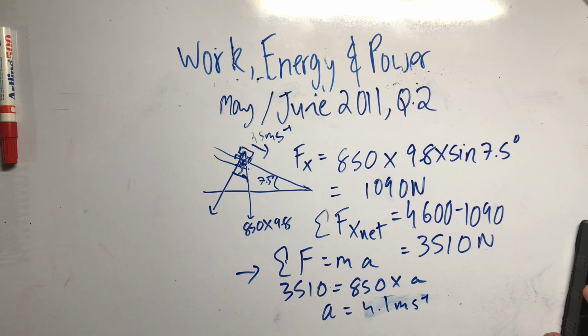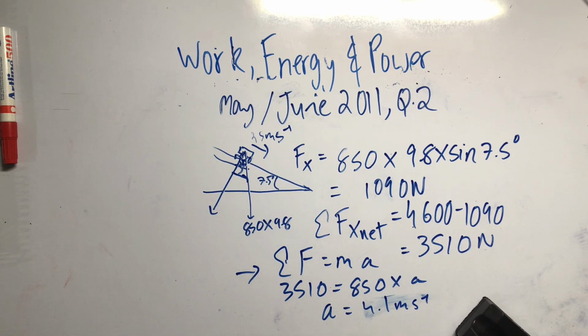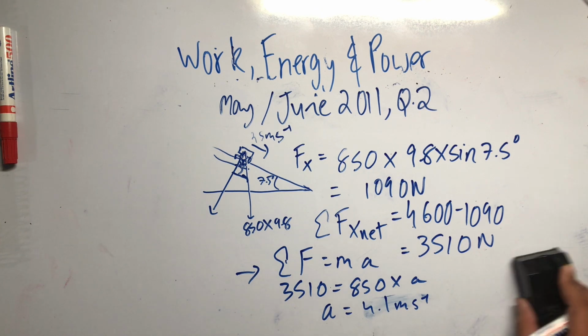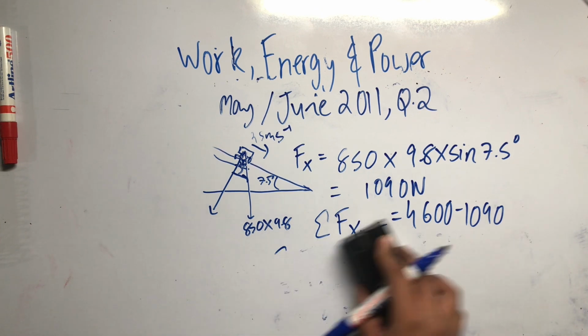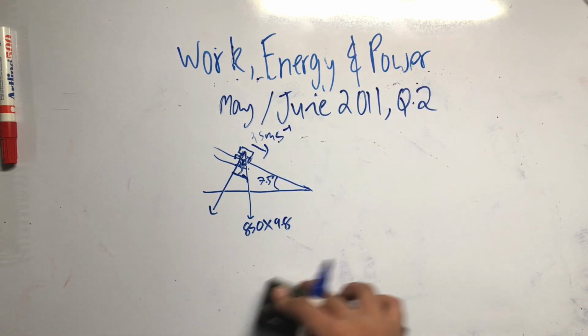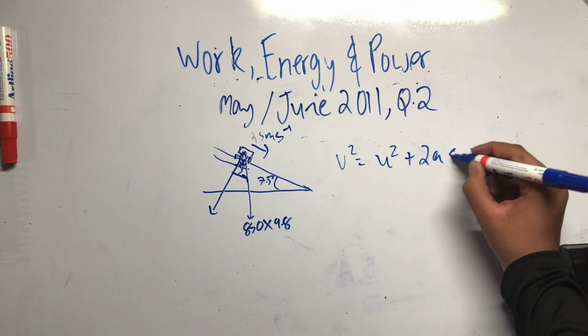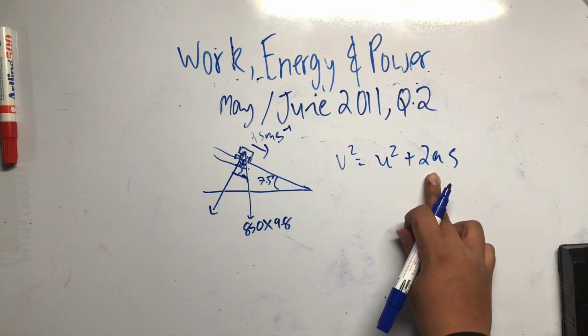Now let's do the second part. It states: calculate the distance the car travels from when the brakes are applied until the car comes to rest. When the brakes are applied, it's a constant deceleration of 4.1 meters per second squared, so we can use our suvat equations. The equation says v squared is equal to u squared plus 2as, but here a is negative.